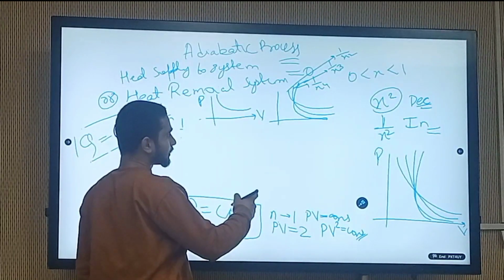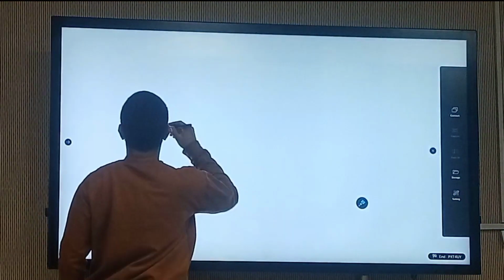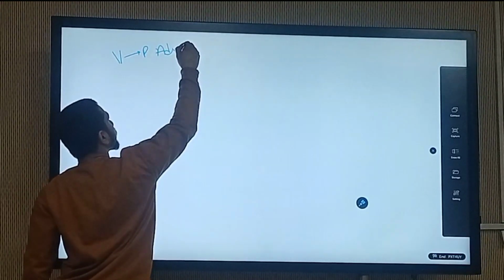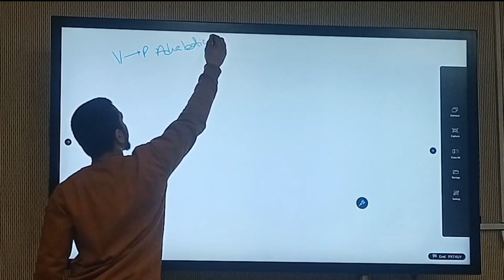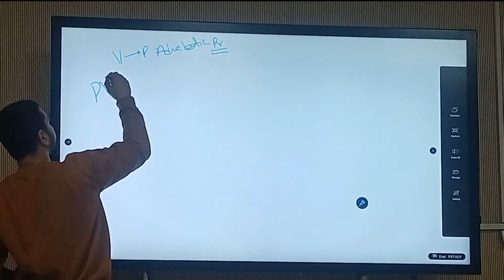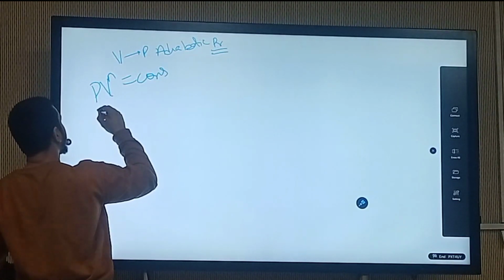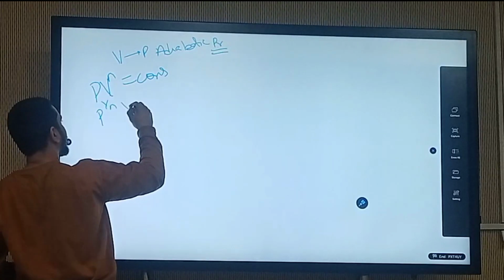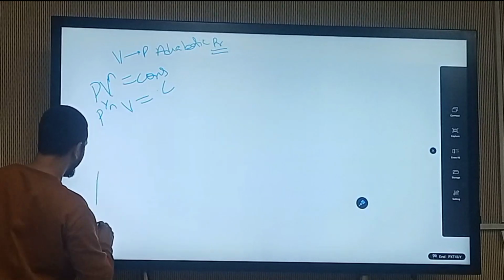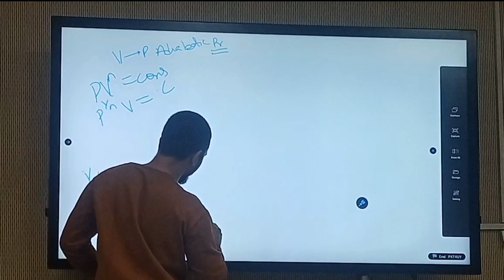Okay, so let's see the V versus P graph for adiabatic process. Okay, so we know that PV to the power of n is equal to constant. Okay, or P to the power of 1 by n times V is equal to constant. Okay, so V versus P graph.